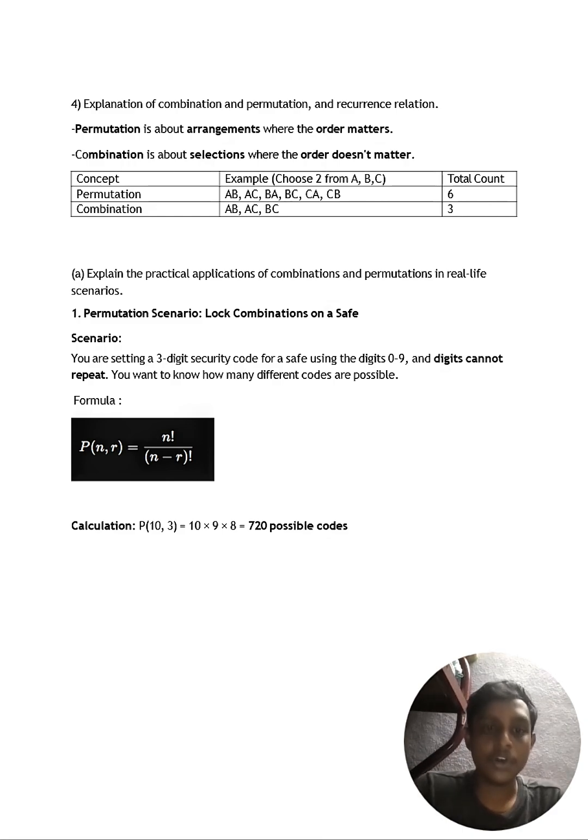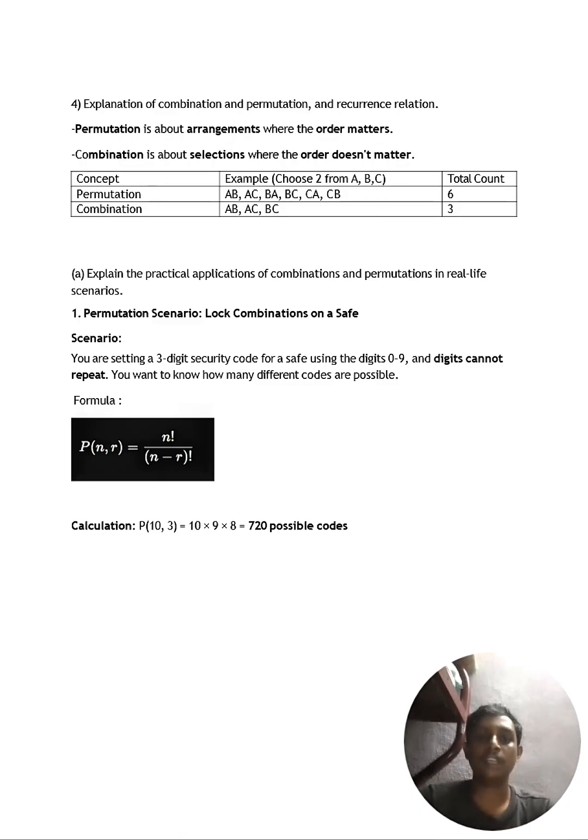Question 4A, explain the practical application of combination and permutation in real life scenarios. Permutation scenario: lock combination on a safe. For example, I have a locker with a 3 digit security code. The digits will be 0 to 9, and the digits cannot be repeated. The formula is P(n, r) equals n factorial over (n minus r) factorial.